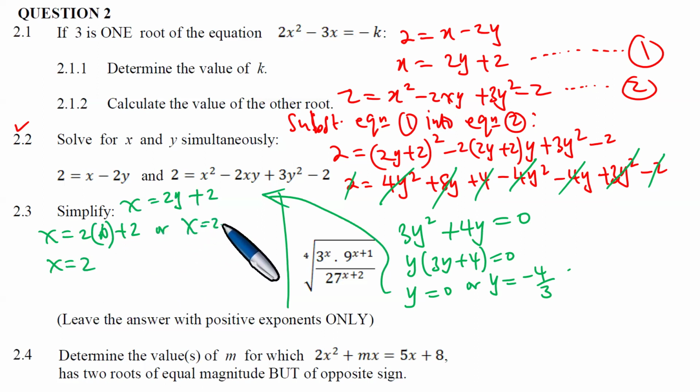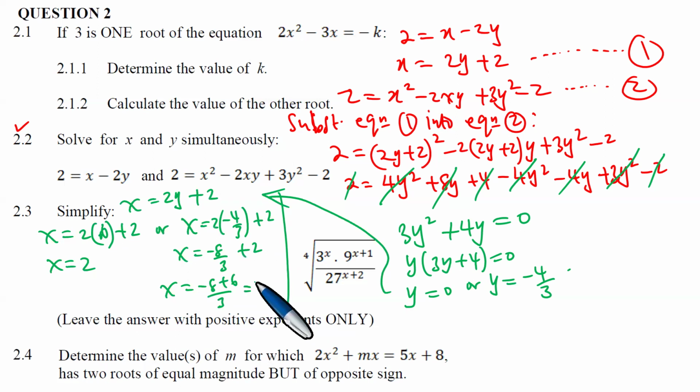So x equals 2, is 2y plus 2, but y is minus 4 over 3. Minus 8 over 3. Which is exactly minus 8 plus 6 over 3. What is minus 8 plus 6? It's minus 2 over 3.